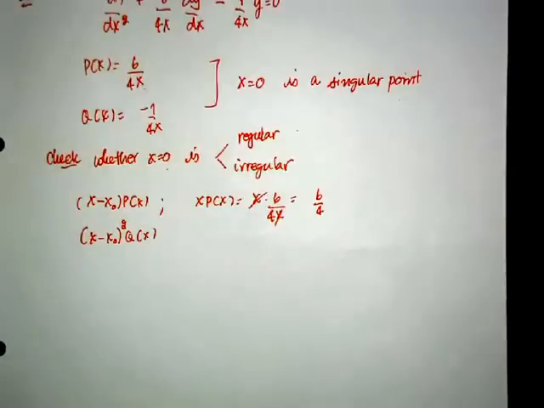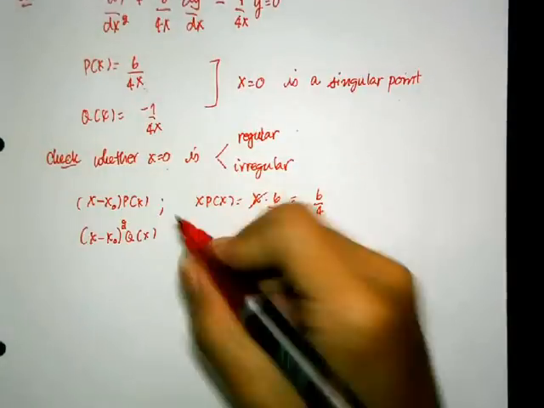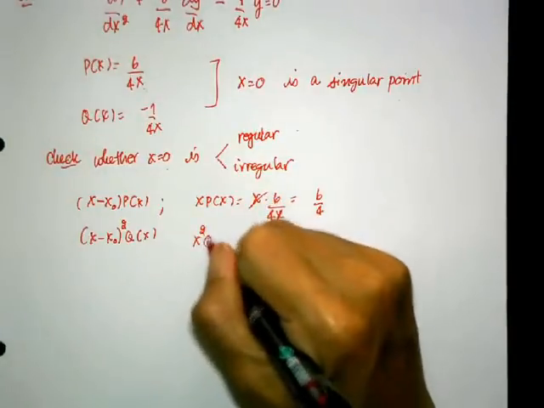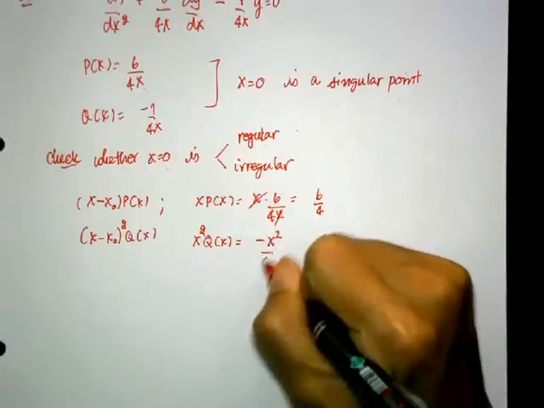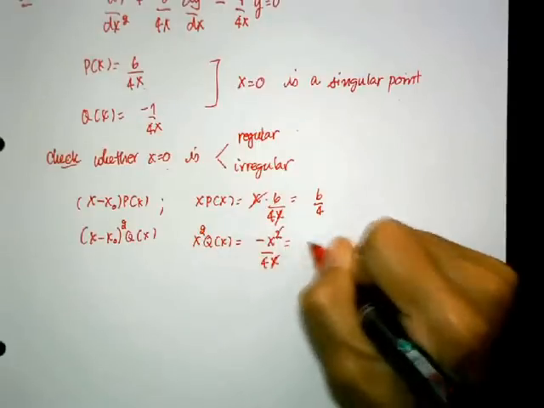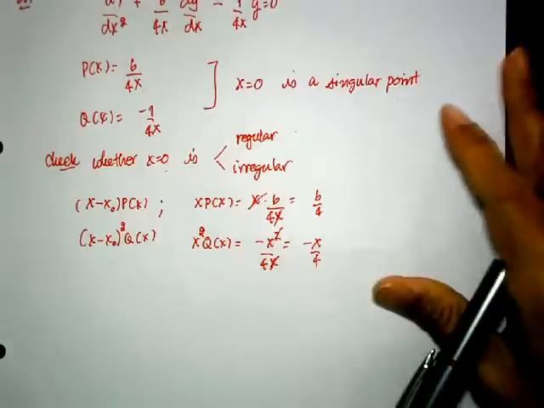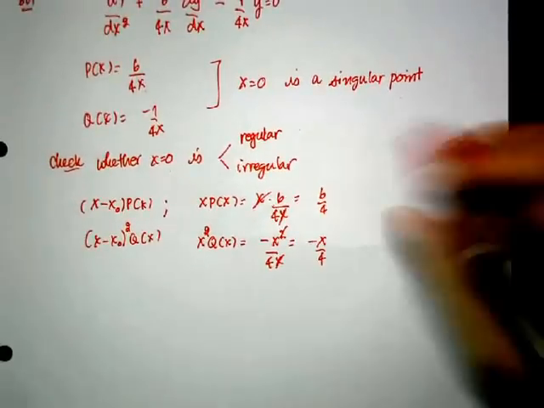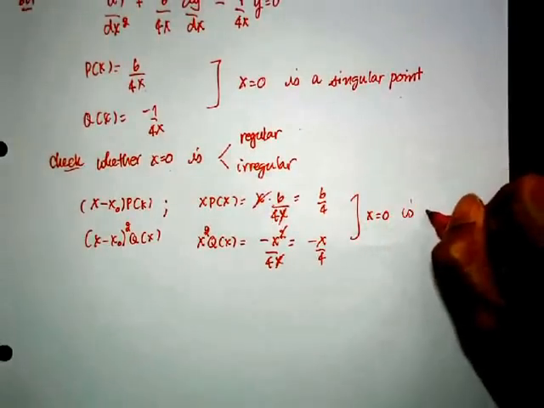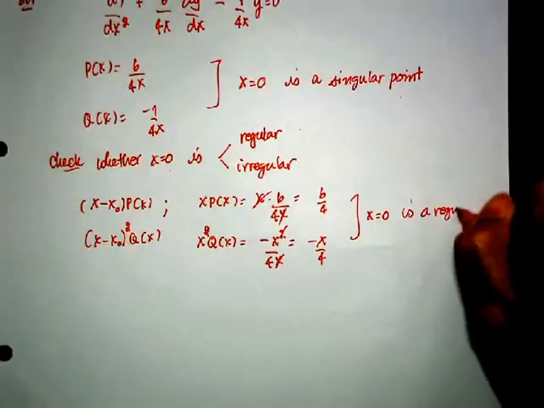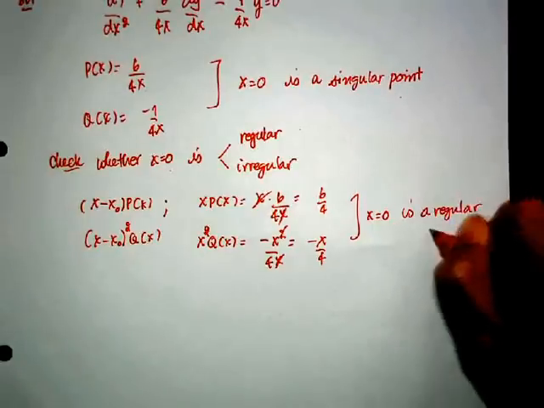So that means x equal to 0 could be a regular singular point. Now we have to check the second case. Now we are definitely sure that our x equal to 0 is a regular singular point.